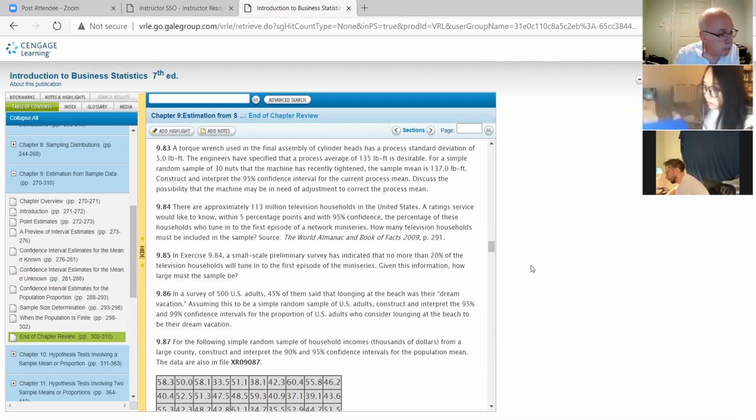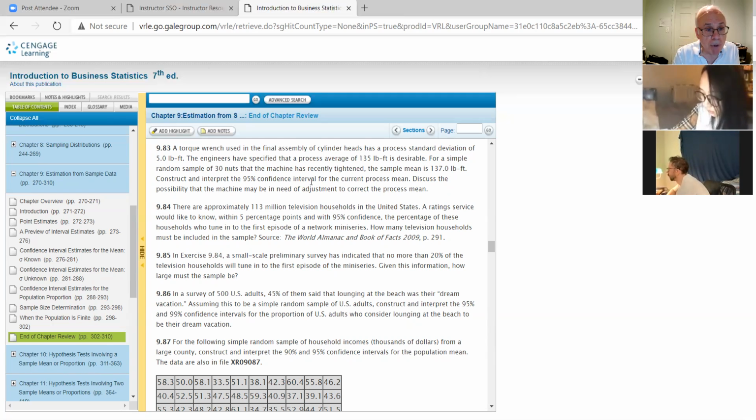All right, so let's look at what it says, and then I'll give you a few minutes to try this. There's a torque wrench used in the final assembly of cylinder heads with a process standard deviation of 5 pound-feet. The engineers have specified that a process average of 135 pound-feet is desirable.